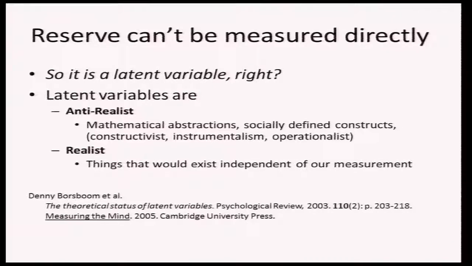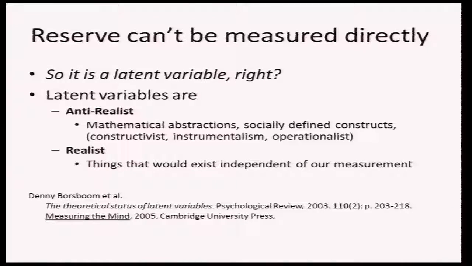It's a mathematical abstraction, and it's a convenience tool used to try to get a handle on variables. A realist position would be, we actually believe that there's something that exists. It would exist even if we didn't measure it. And the measures that we're trying to get are measures of those real existing but unobservable constructs.